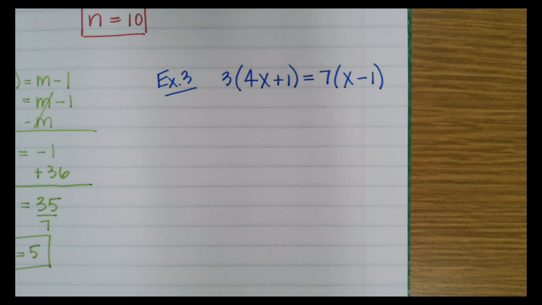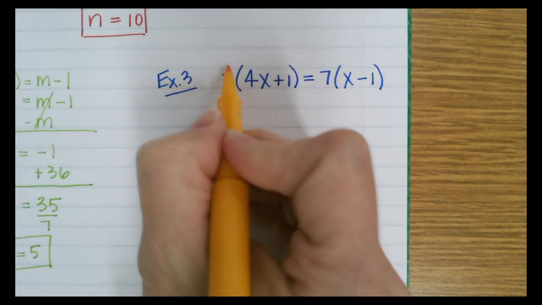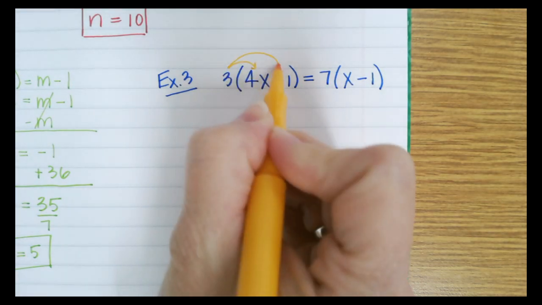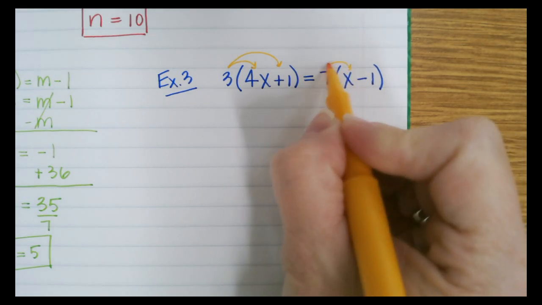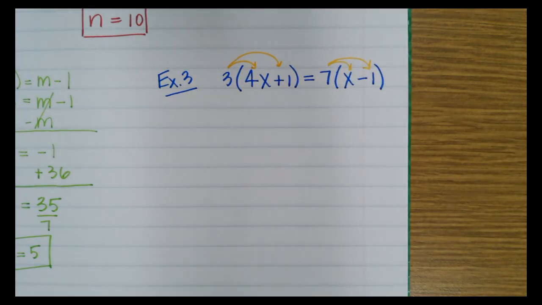First step, I need to get rid of the distributive property on both sides. I'm going to distribute the 3 over there, and then on the right side, I'm going to distribute the 7.